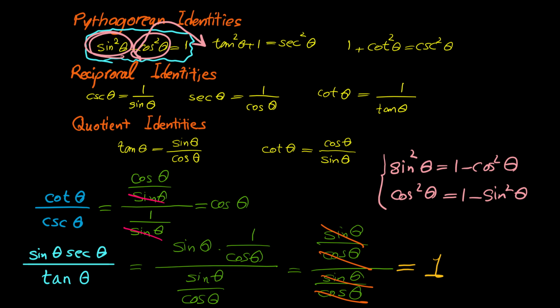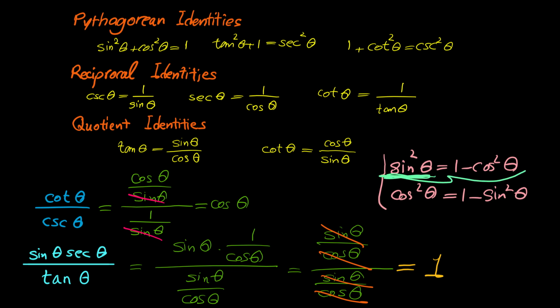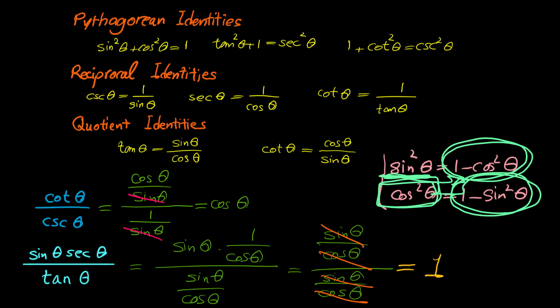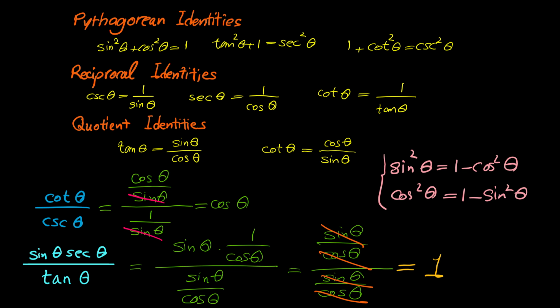So, in a question, whenever you have sine to the 2, you can replace it with 1 minus cosine to the 2. And if you have 1 minus sine to the 2, you can replace it with cosine to the 2. Or if you have cosine to the 2, you can replace it with 1 minus sine to the 2. These are identities that many people forget, and they think you can use Pythagorean identities only when you have sine to the 2 plus cosine to the 2, and then you replace it with 1.